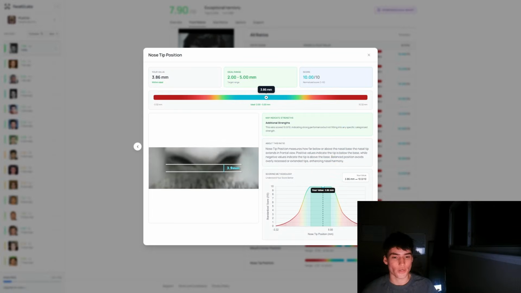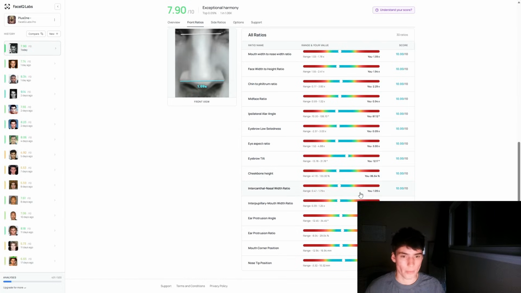And finally, his nose tip position is good. His nasal base compared to his nose, right in the middle, is good. It does flare out a little bit here, but it doesn't seem like much of an issue because we're not going to be calculating that with harmony.